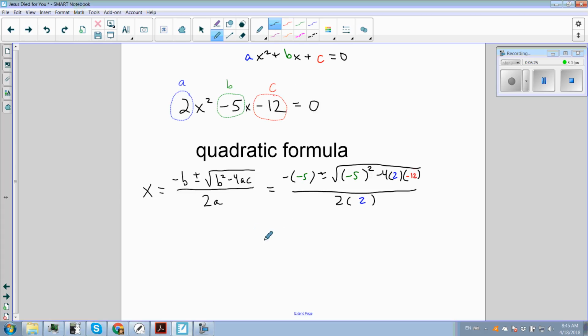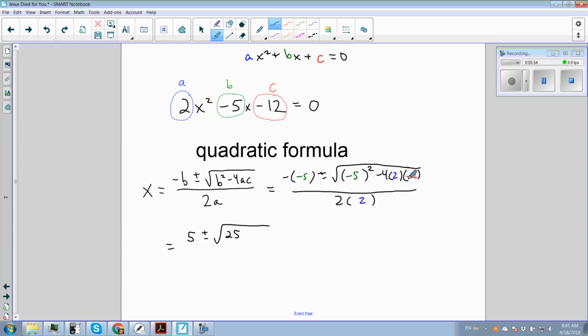All right, so this will equal, when I simplify down some, the opposite of negative 5 is 5. 5 plus or minus the square root of, the square of negative 5 is 25. And then I've got minus 4 times 2 is 8, and 8 times 12, with little arithmetic skill, I believe that's 96.